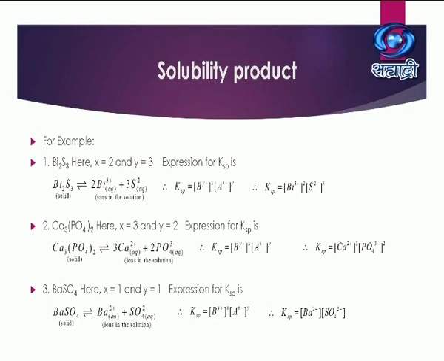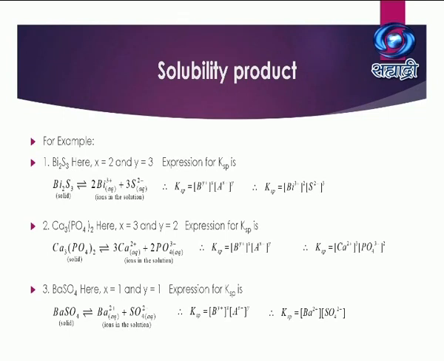Now let's find out its Ksp. So Ksp is equal to the active mass of B^y+ raised to x. B^y+ is our Ca2+ ion now. So in the expression you will find the active mass of Ca2+ raised to 3. And for the anion, the active mass of A^x- raised to y.